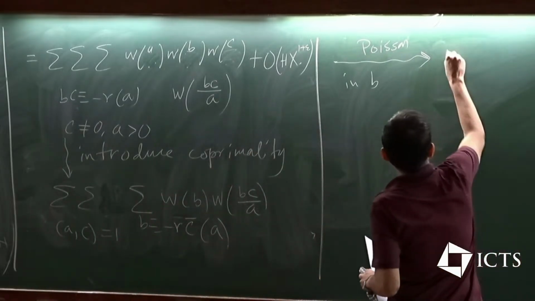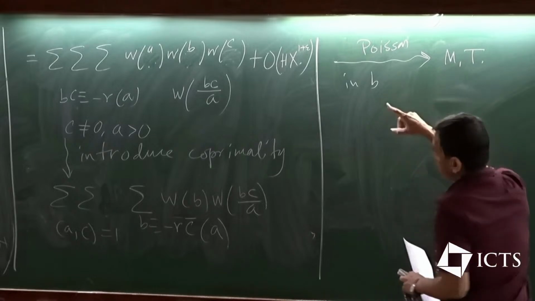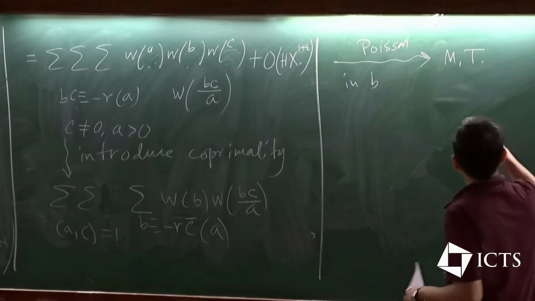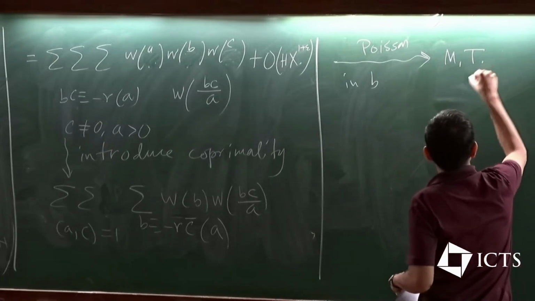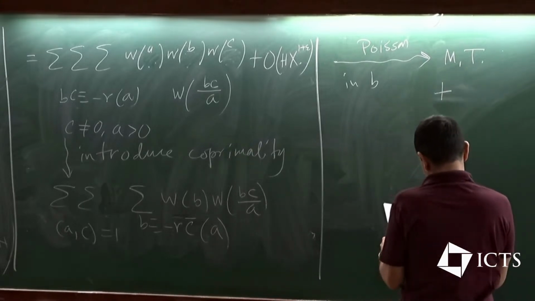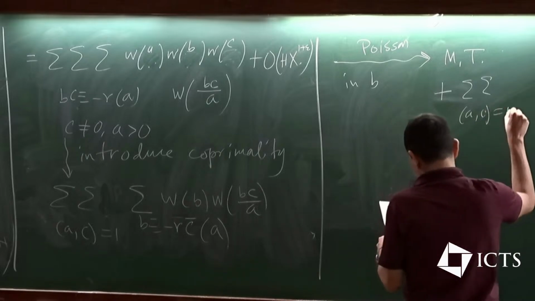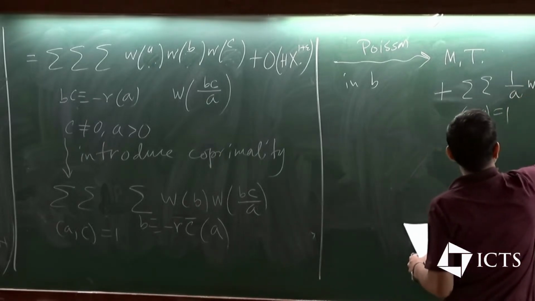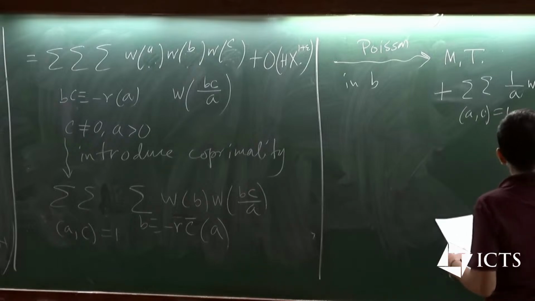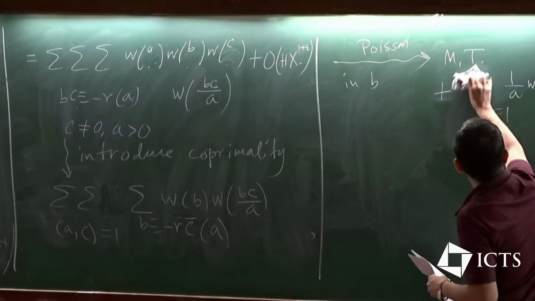So you get a main term. I mean, you have to extract a main term because there will be some more extra stuff that you have to remove, but they are not so large. Plus, you get a sum of this form, sum over A, C, 1 by A, w of A, w of C. Maybe it is too small.